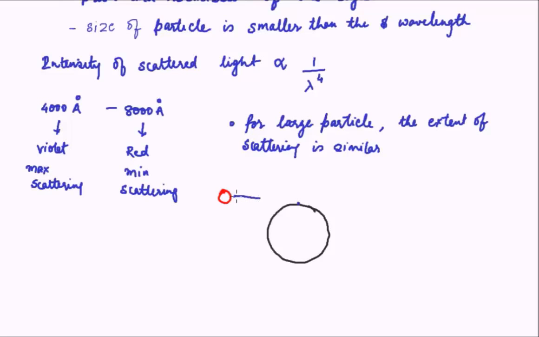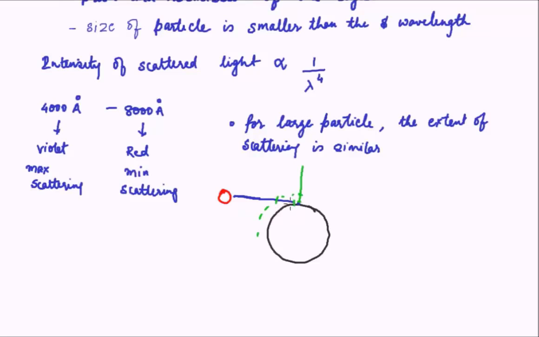Why is it that during sunset or sunrise it appears reddish? Let's imagine we have our earth here. Now during sunrise or sunset, normally the sun will be close to the horizon, right? It will be close to the horizon.